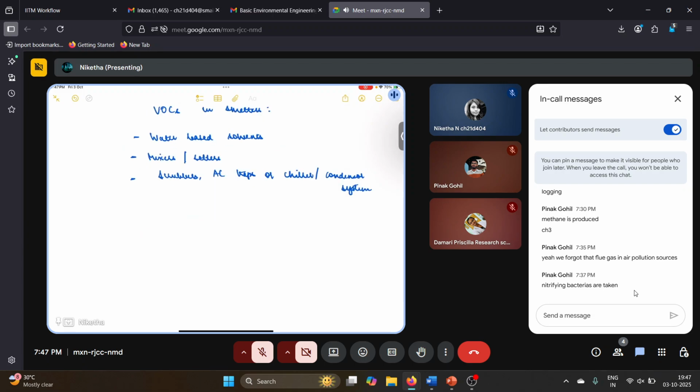And then for controlling dioxins and furans, for this we need to eliminate the organic materials before going for heating or combustion, because dioxins, furans are generated at temperatures above 550 degrees.